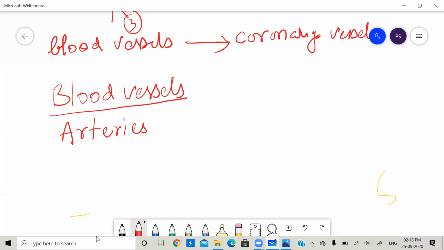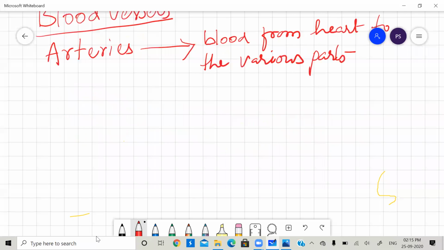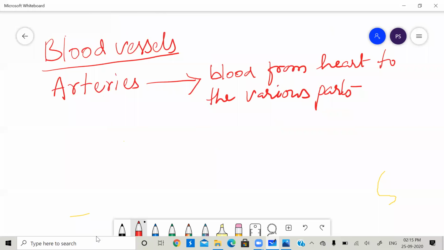Arteries are the blood vessels which transport blood from the heart to the various parts of the body.